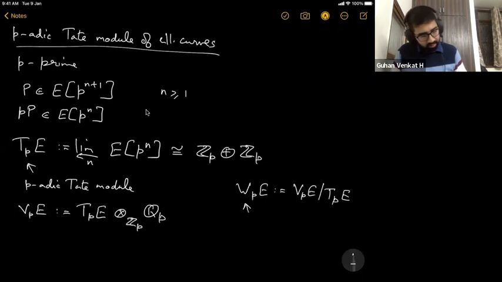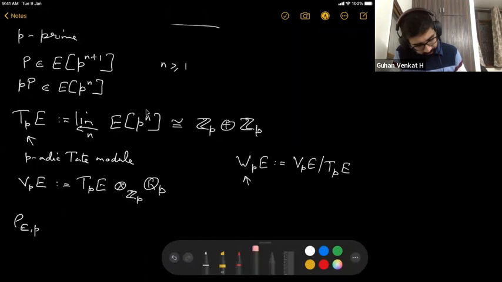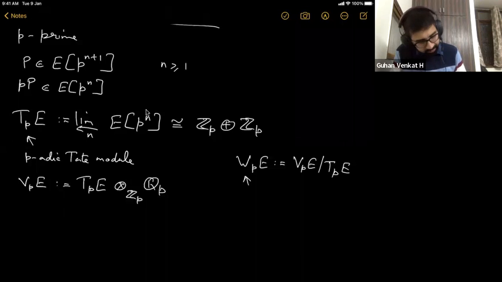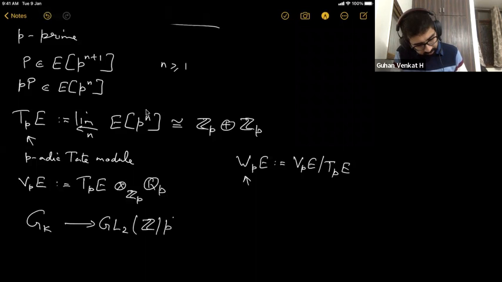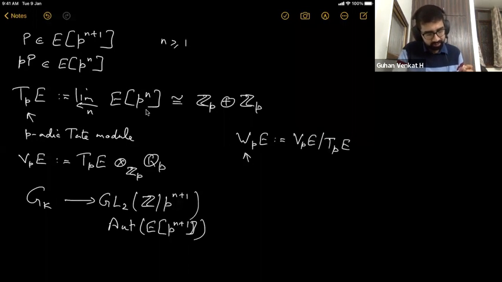All right. So we've already seen that we had this representation, which is the automorphism, I can think of it as the Galois action on the p^(n+1) torsion points on the elliptic curve.